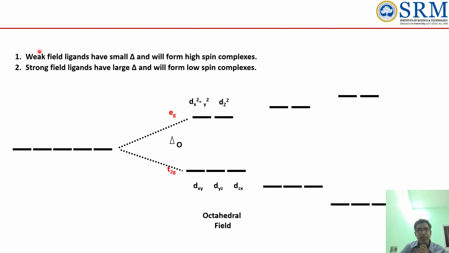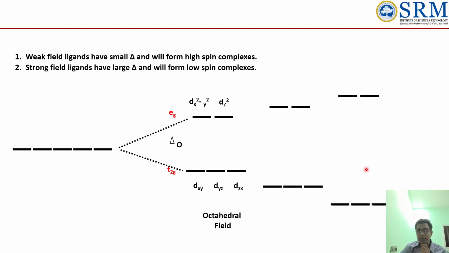As a thumb rule, when we have a weak field ligand, where delta O is smaller, that is, the gap between T2G and EG is smaller, it will always form high spin complexes. Vice versa, with a strong field ligand, take again the d4 system. The first electron will come to dxy, the second to dyz, the third to dzx.